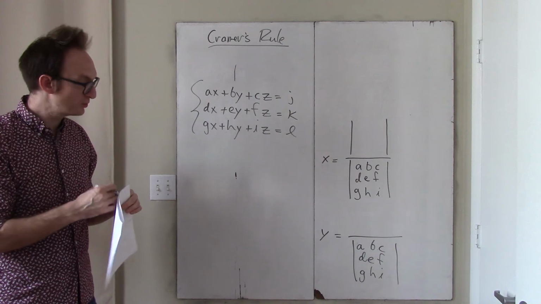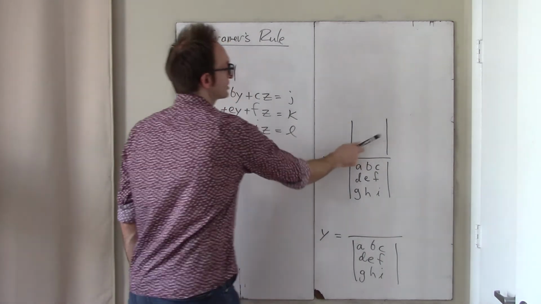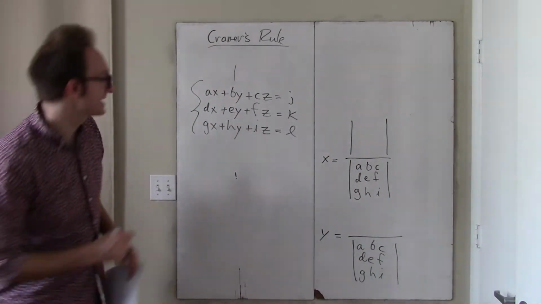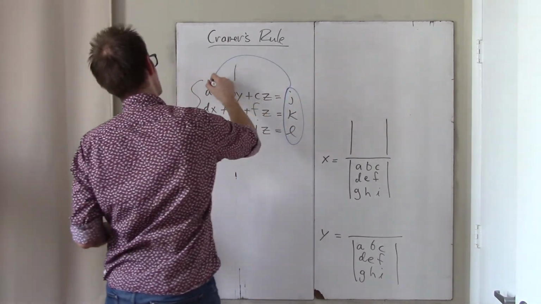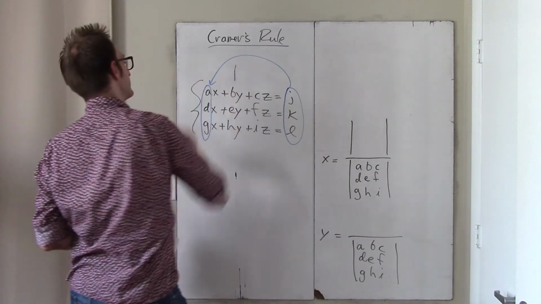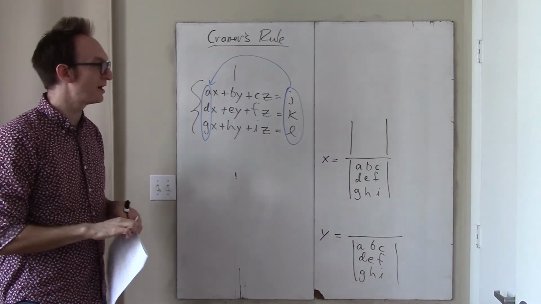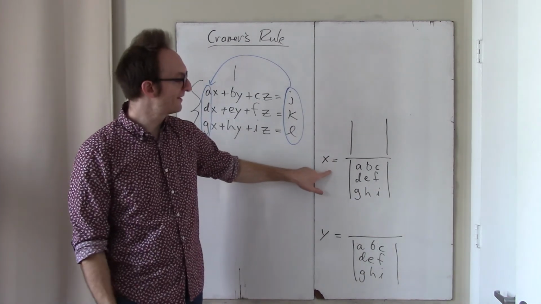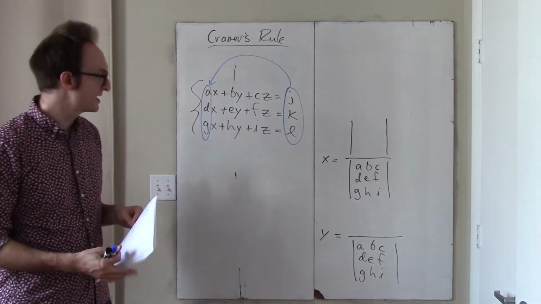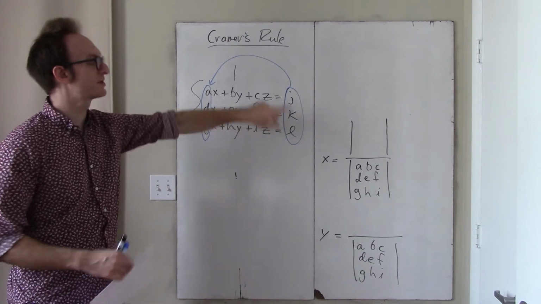And how do you remember what the numerator should be? Well, Cramer's Rule, as we talked about it in class for the 2 by 2 case, says if you want to know the numerator of the general solution for x, then you replace the x coefficients with the constants.